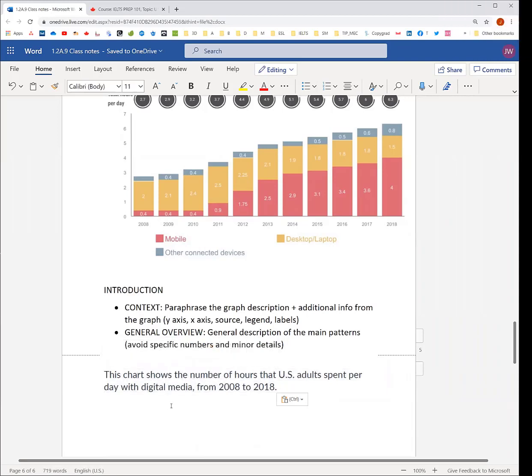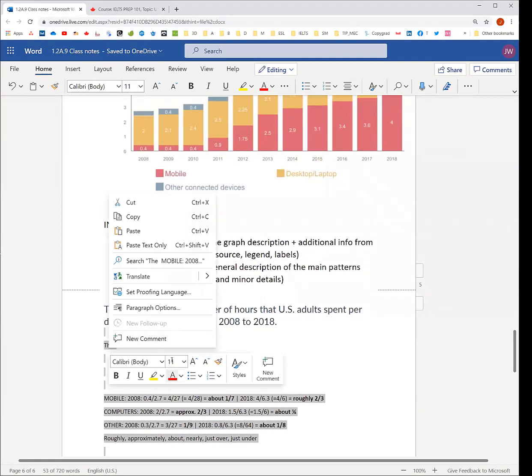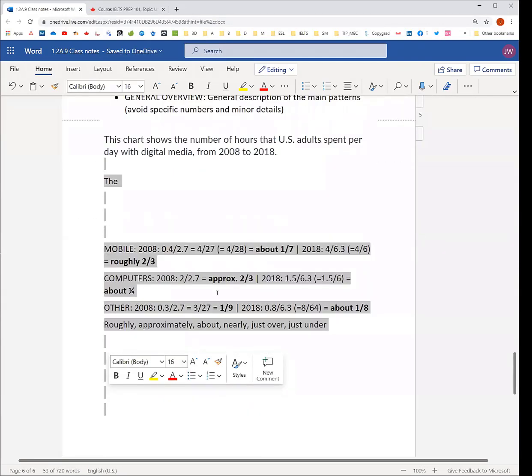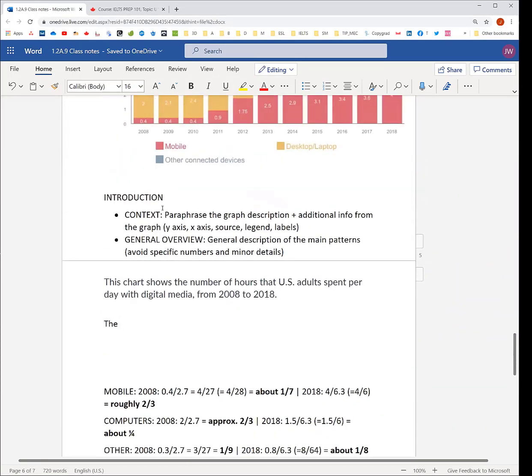Yeah, this chart illustrates the number of, or illustrates the use of digital media by US adults from the period of 2008 to 2018.